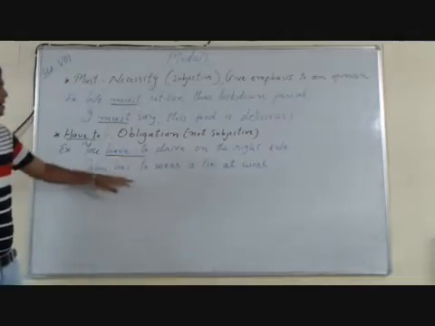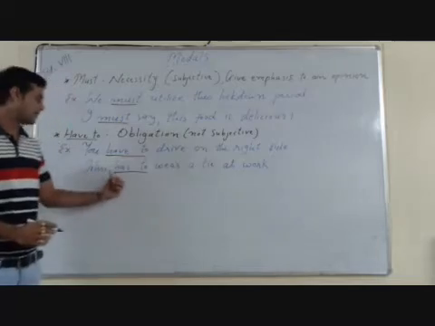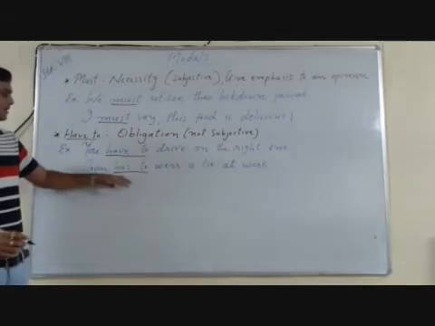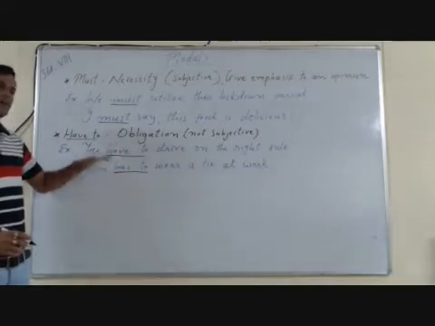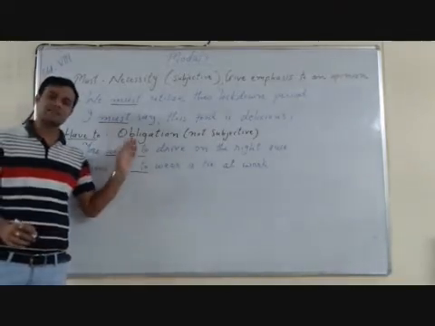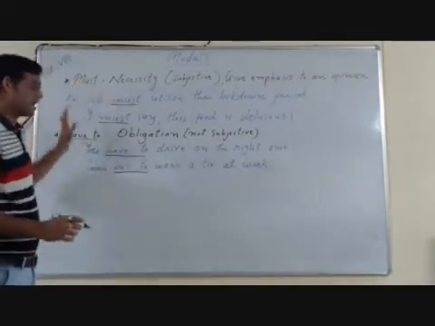Second, John has to wear a tie at work. Here, as it is simple present tense third person, that is why have turns into has. So have to is used for showing obligation, and that is not subjective. This is about must and have to.